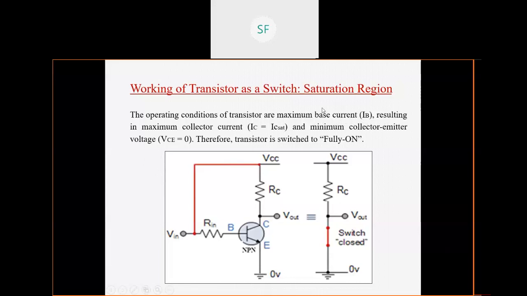So since base current आपका maximum रहेगा in this case, so that means it will result in the maximum collector current. So base current maximum हो गया, मतलब IC is nothing but beta times IB. So collector current भी maximum हो जाएगा. Okay. So always remember the maximum value of collector current is given by IC sat.